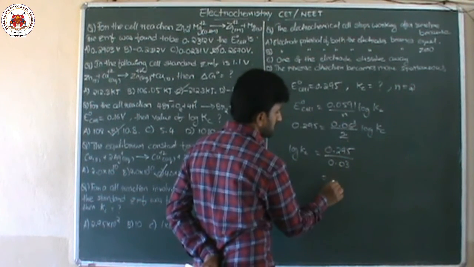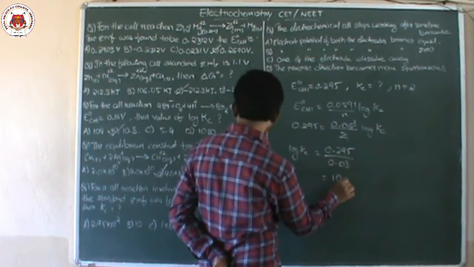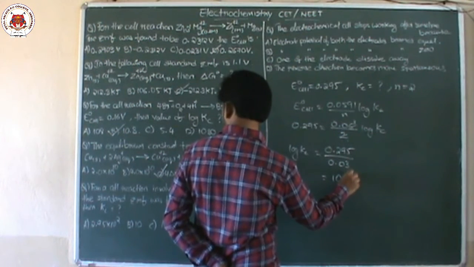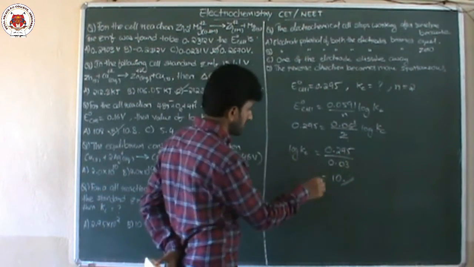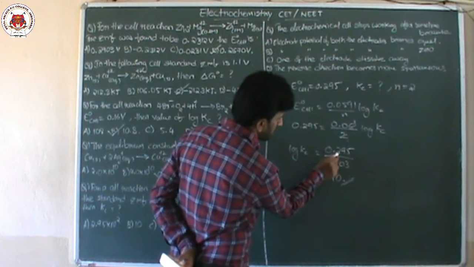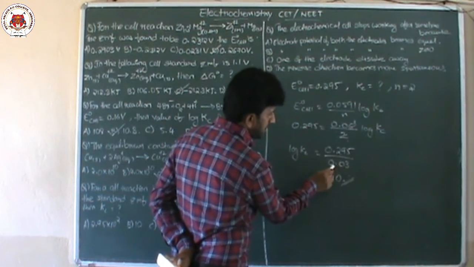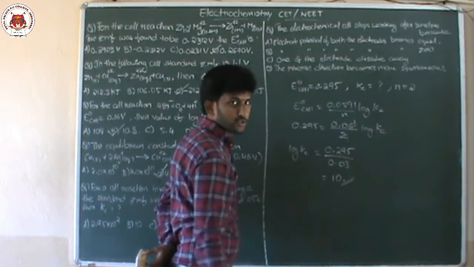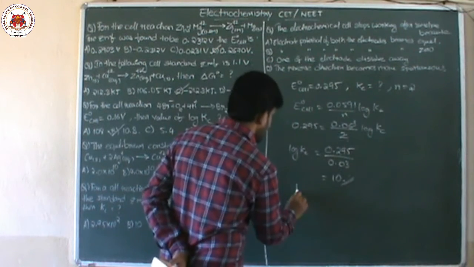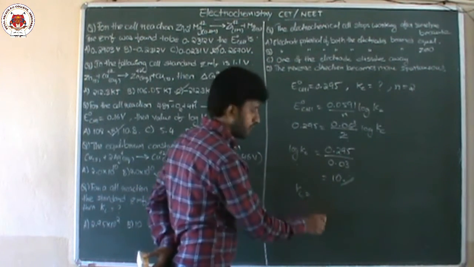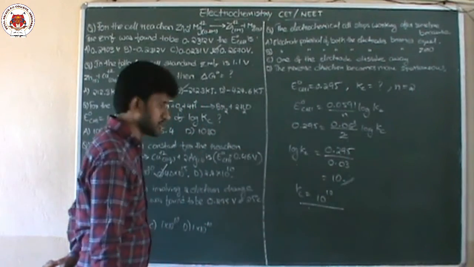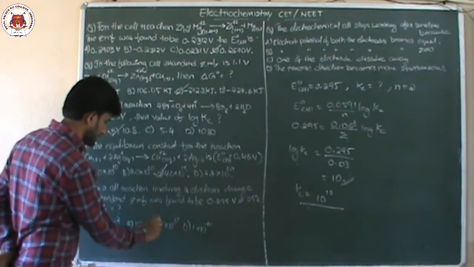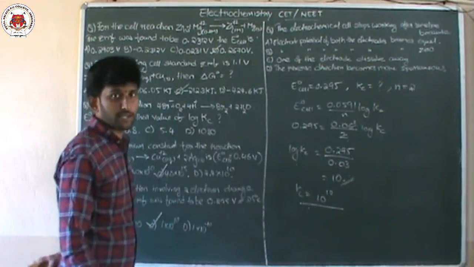This comes approximately to 10 point something, approximately 10.001 or so. It is nothing but 0.3 by 0.03, so the answer should be 10. So Kc value should be anti-log of 10. What is anti-log of 10? 10 raised to 10. So the answer is 1 into 10 raised to 10.